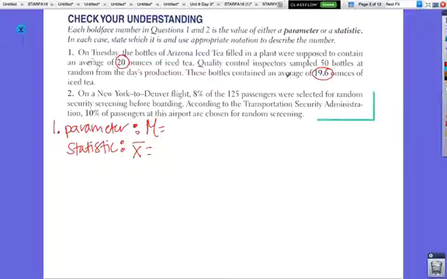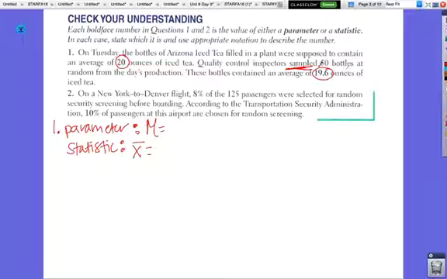Looking at the problem, the bottles of Arizona iced tea filled in a plant were supposed to contain an average of 20 ounces. This has to do with our entire population. It goes on to say, and this might be more helpful, quality control inspectors sampled, so there's the word sample, 50 bottles at random from the day's production.